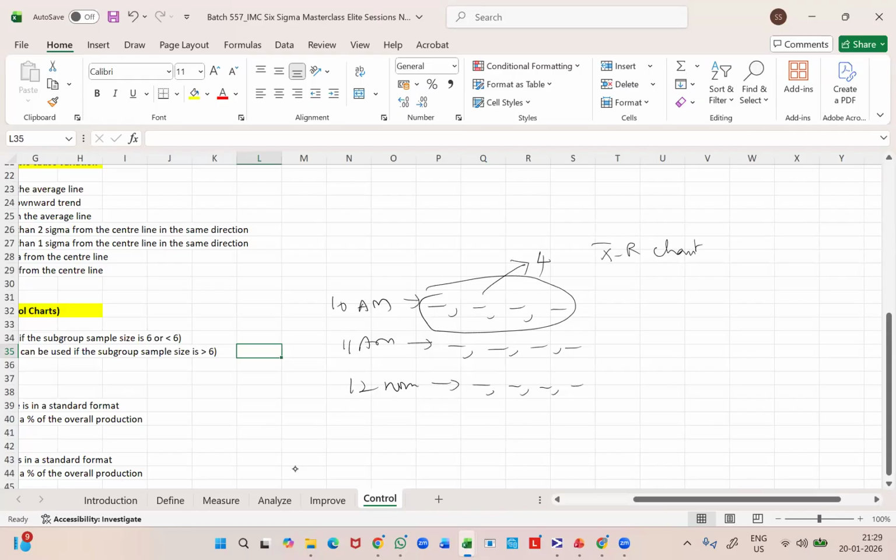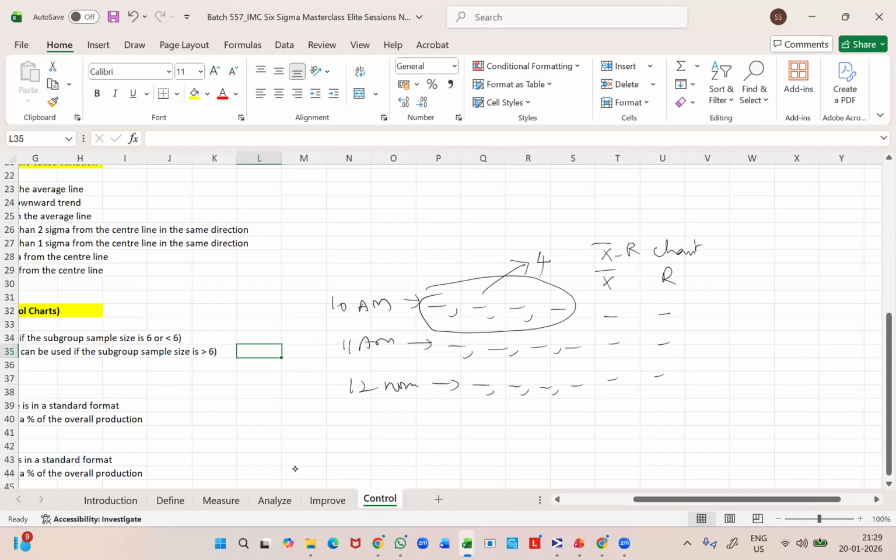But if you have a subgroup sample size greater than 6, then we need to use the X bar standard deviation chart. So in this X bar R chart, we will calculate the X bar values for all these subgroups, and we will also calculate the range values for all these subgroups. And then we will have a control chart wherein we plot the X bar values alone, and another control chart wherein we plot the range values.